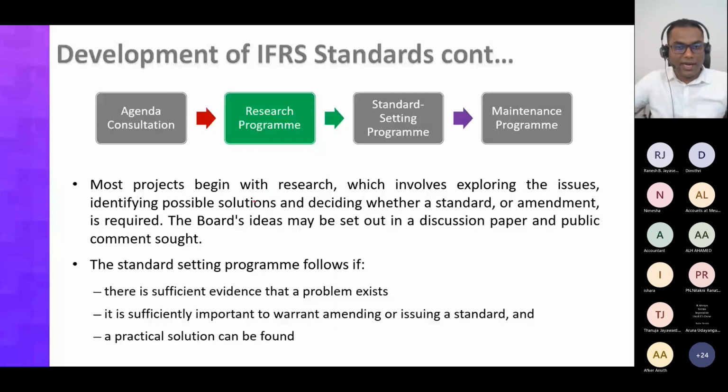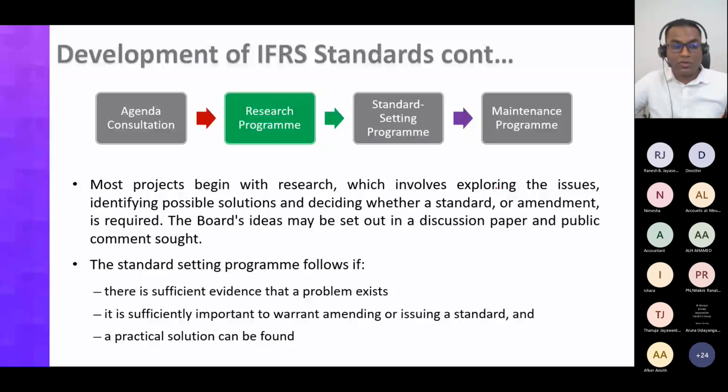Now there's a particular matter they have identified, the financial instrument standard. A lot of parties requested that a new standard be looked at. Certain areas do not correctly represent the financial performance and position and need to be looked at. So what they do is a lot of research on that particular area. They start with research, as the name itself says, research program.